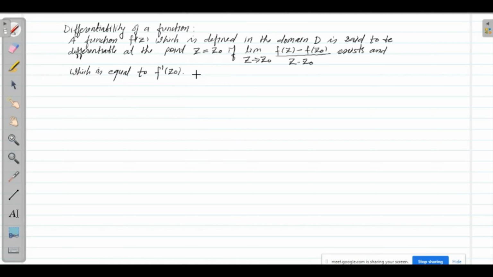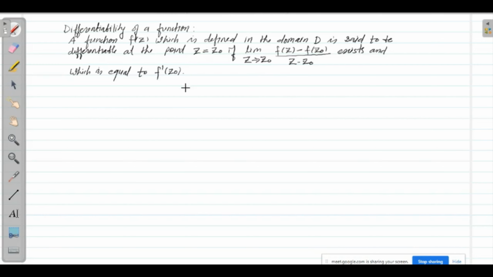What is your definition of differentiability of a function? A function f of z, which is defined in the given domain D, is said to be differentiable at the given point z equal to z naught if this condition holds. Limit z tending to z naught of f of z minus f of z naught divided by z minus z naught must exist and be equal to f dash of z naught.